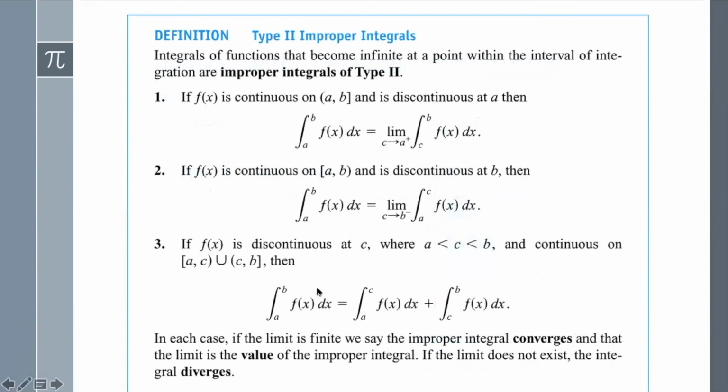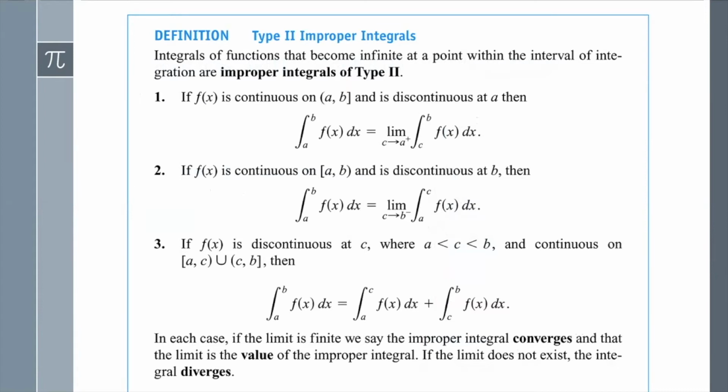All right, so again, this will make a lot more sense when we do some examples. Again, these are called type 2 improper integrals. So the first type is where f of x is continuous from a to b except at the number a. So that's like the one we were just looking at.